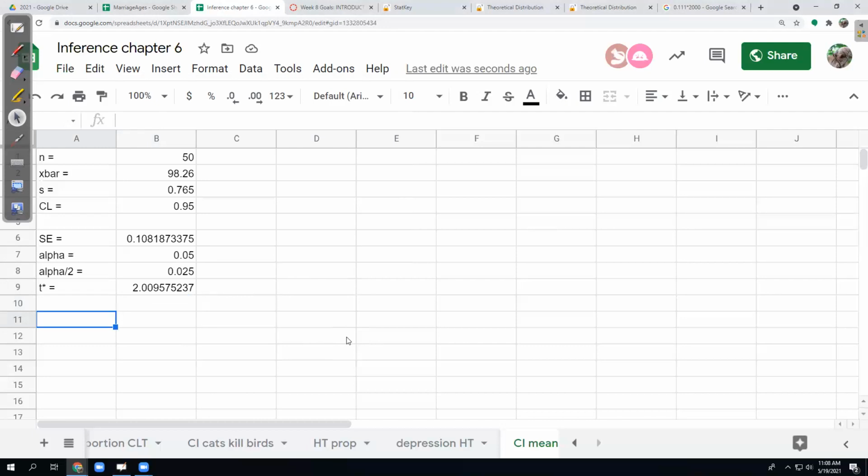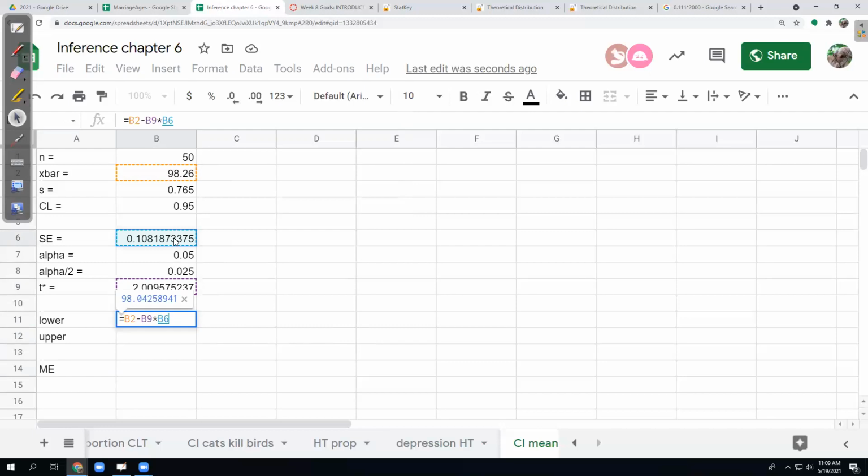And so then maybe go down here, I can find my lower value, I can find my upper value, and then maybe we'll find the margin of error also. So lower, that's always the test statistic, x bar in this case, minus whatever your count of standard deviations is, that's the t in this case, times the standard error.